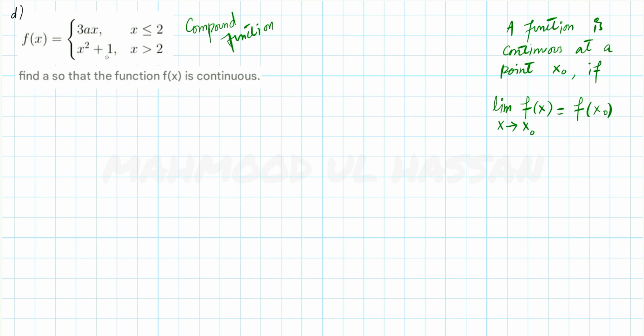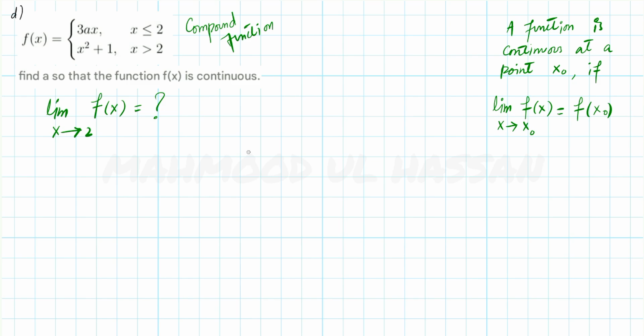So here we have to find the limit, that is the limit x approaches to 2 of f of x. We are going to find this limit. And this limit only exists when the left hand limit equals the right hand limit.